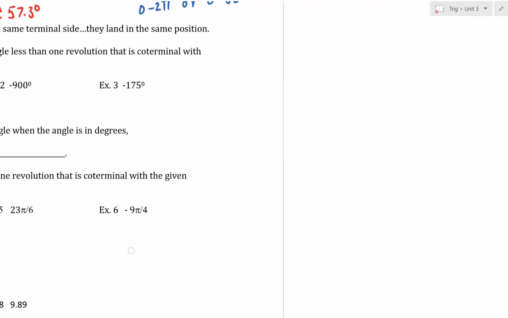Remember, coterminal angles, I'll just do it over here. If you've got an angle measure, and let's say we start, here's my initial side, and let's say that the angle that we're talking about is this. So the first one was right here, and let's say this was 400 degrees. So we went all the way around once. Well, then I need an angle measure that would be the same line, but within 0 to 360, which means I would want something now in this green one, but instead of it being 400 degrees, it's now 40 degrees.